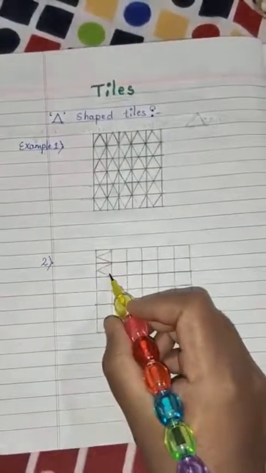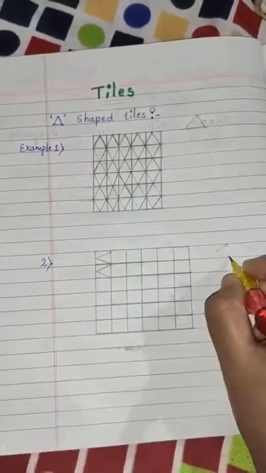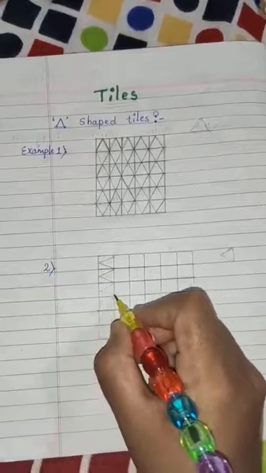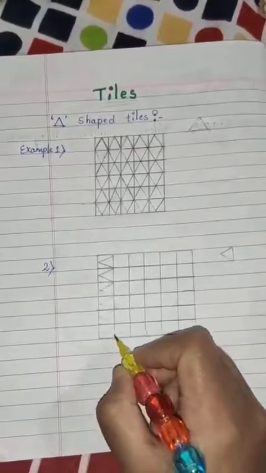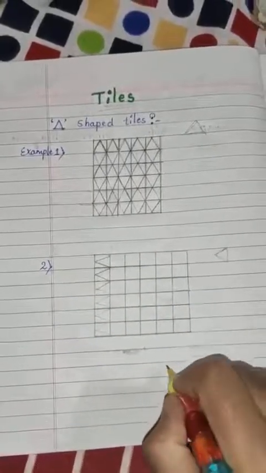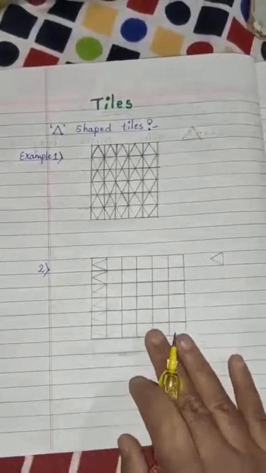So the second one here, I'm having one more tile that is also in a triangle shape, but the way is different here. Okay, so when I go on arranging these tiles in this way, after arranging all the tiles, I will get a new pattern here, right? So try to draw all the shapes by yourself. Okay children?